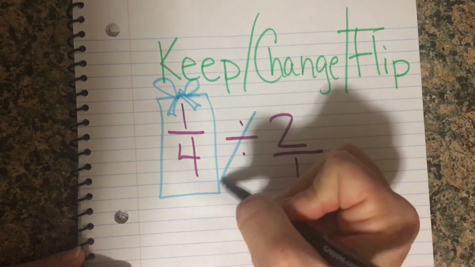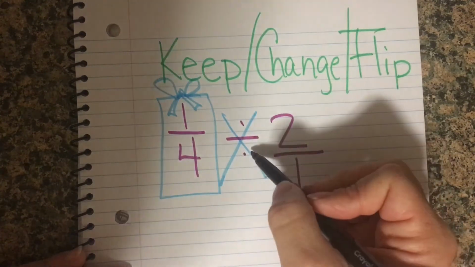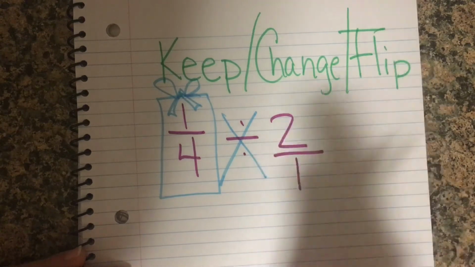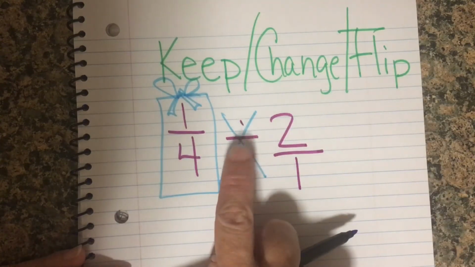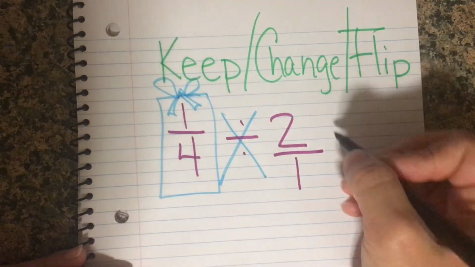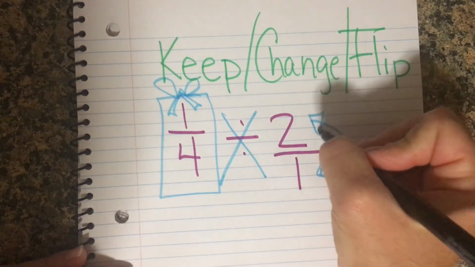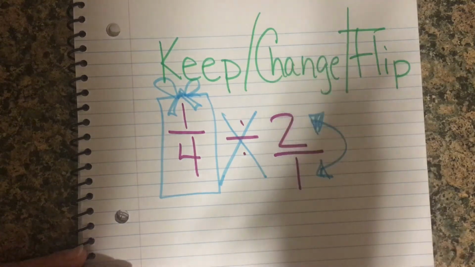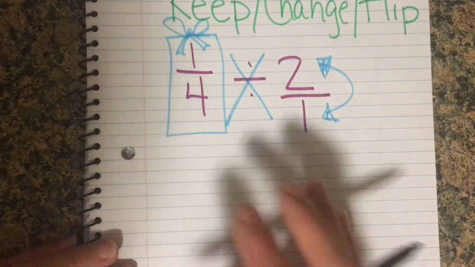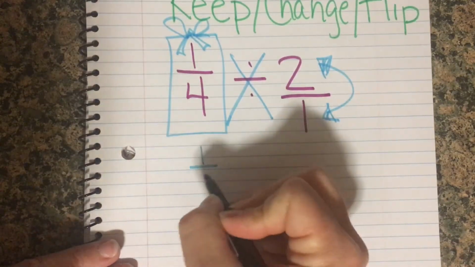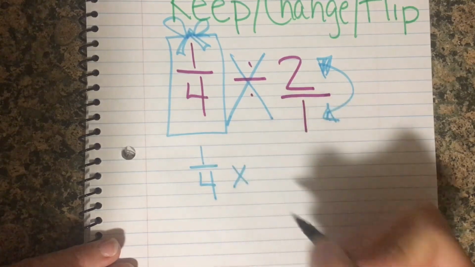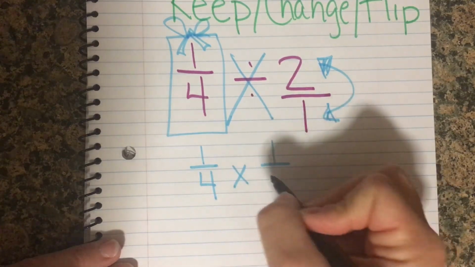No kid likes division more than multiplication. You hate him, change him. You're going to change the division to multiplication. Then you're going to flip him around so he's upside down. And you're going to rewrite the problem as 1/4 times 1/2.